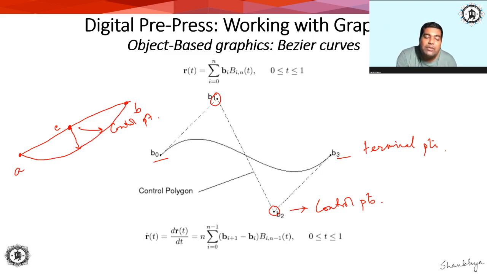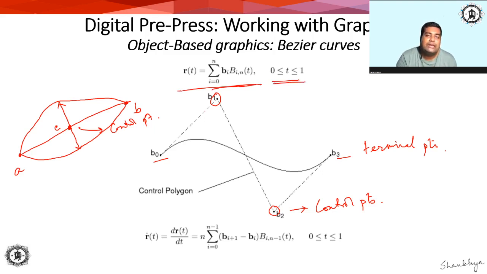Now, on the contrary, if I try to pull this point upwards in this direction, what will happen to the shape of the straight line? It will become a convex type of a curve, right? This is how Bezier curves are created. Ultimately, these are all polynomials, which are guided by boundary conditions.